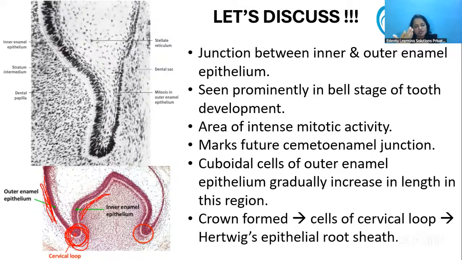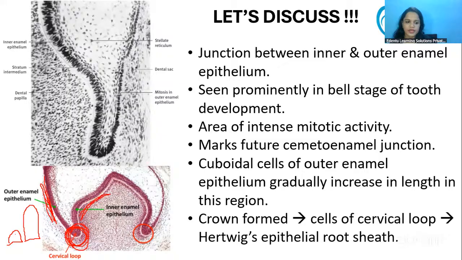The outer enamel epithelial cells will usually be cuboidal in nature, like this, cube shaped. Whereas the inner enamel epithelial cells will usually be columnar in shape, very long and columnar like this.